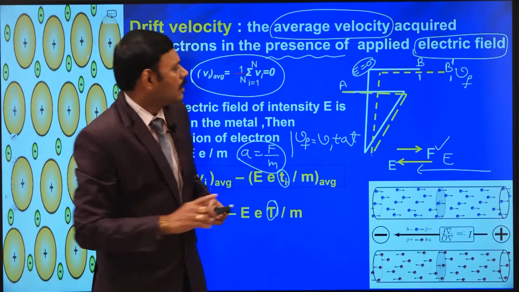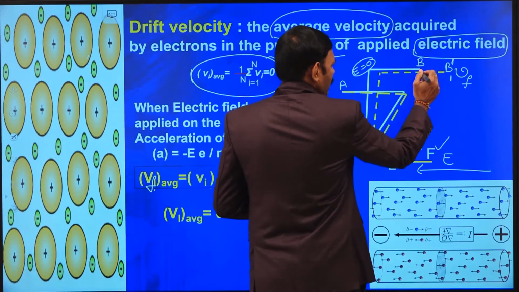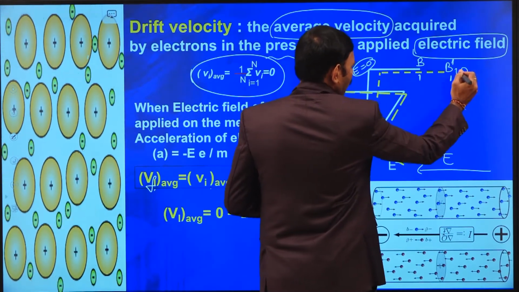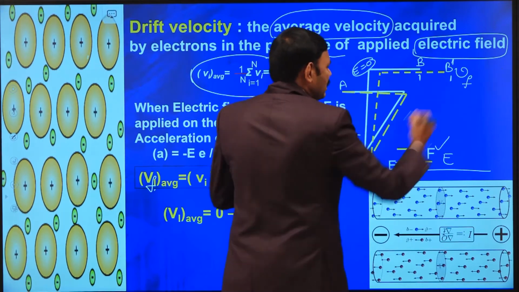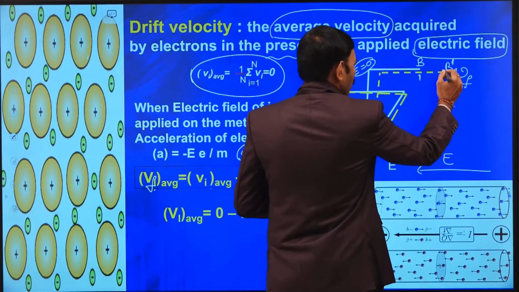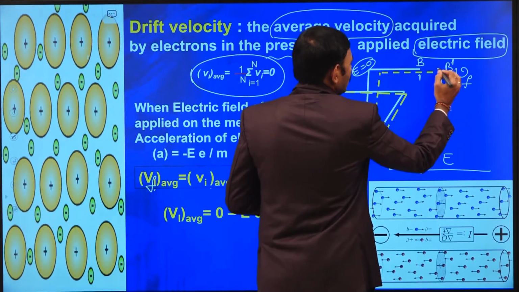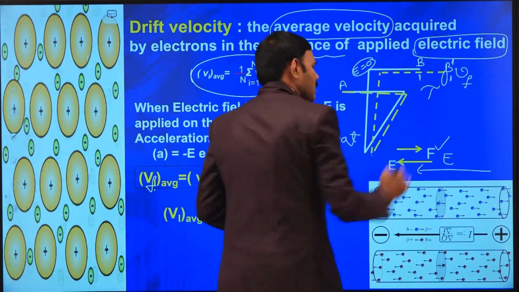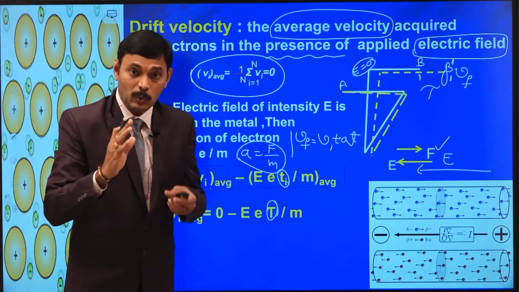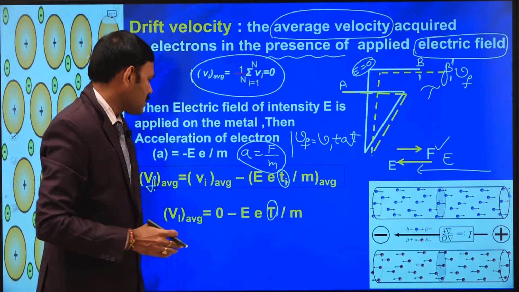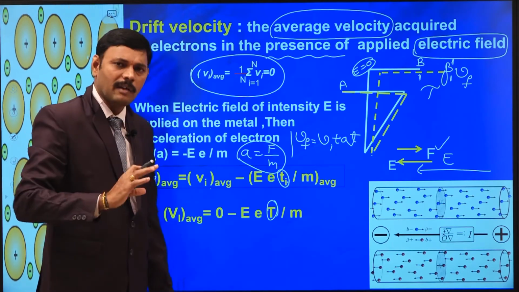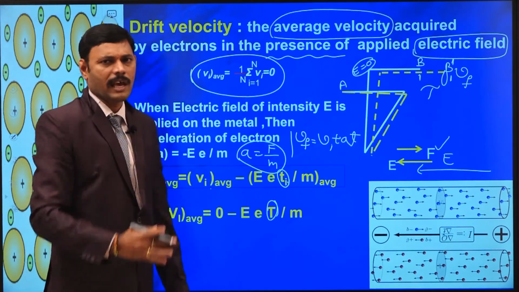So the electron accelerates, and in spite of reaching B it reaches B dash, because the electric field is attracting the electron. Here it may collide with an atom. So the time taken until it makes a collision is tau, known as the average time between two successive collisions, known as the relaxation time.